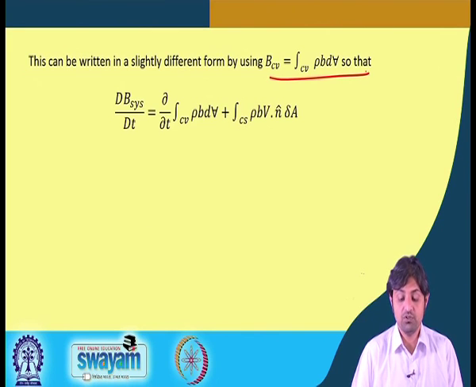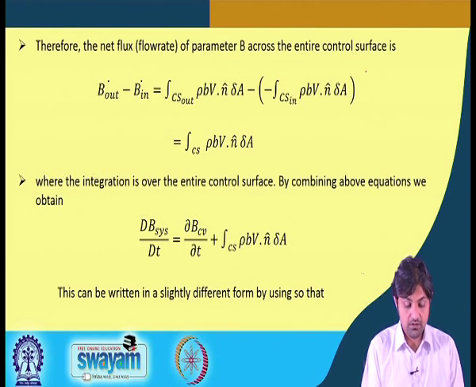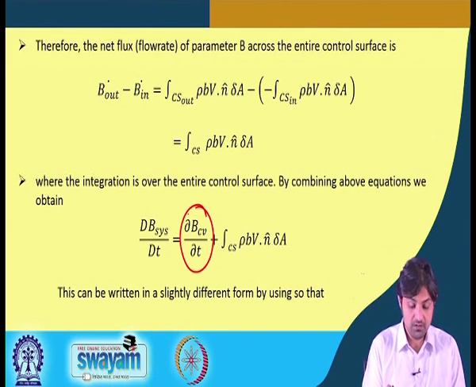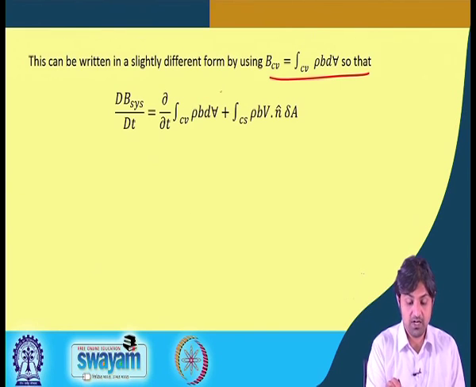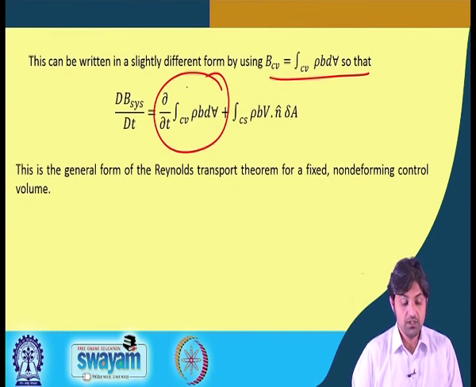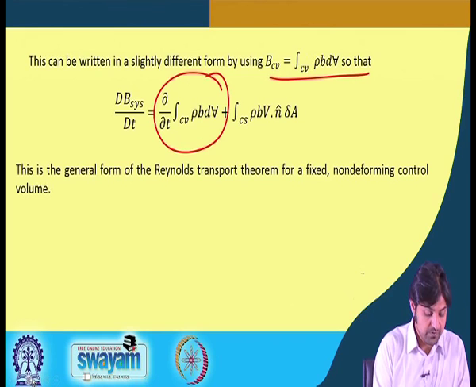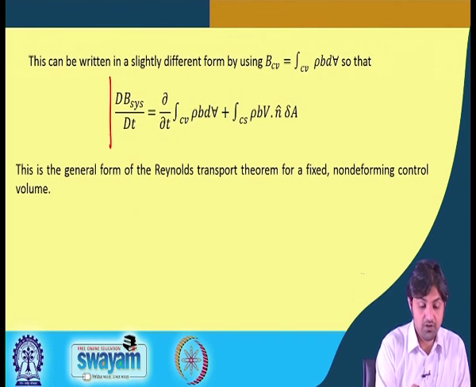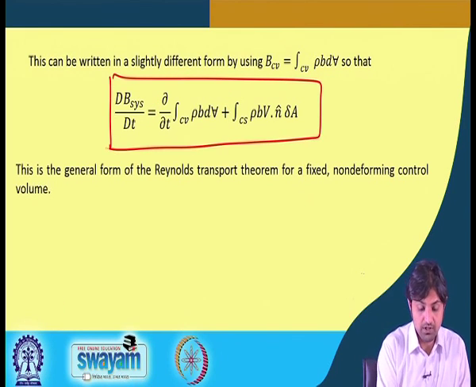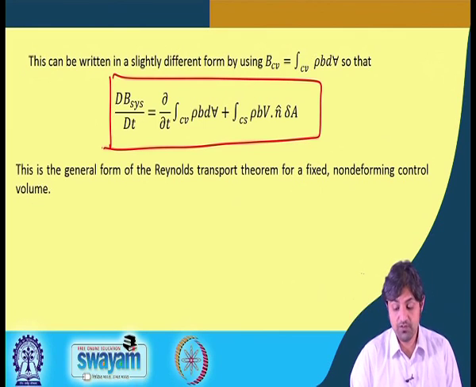We can also write this in this form, del by del t of the control volume integral. So, this is the general form of the Reynolds transport theorem for a fixed non-deforming control volume.